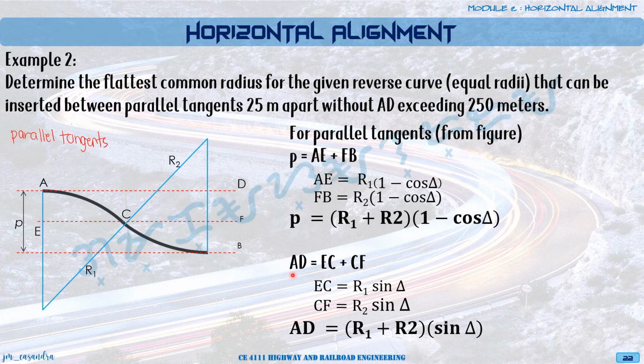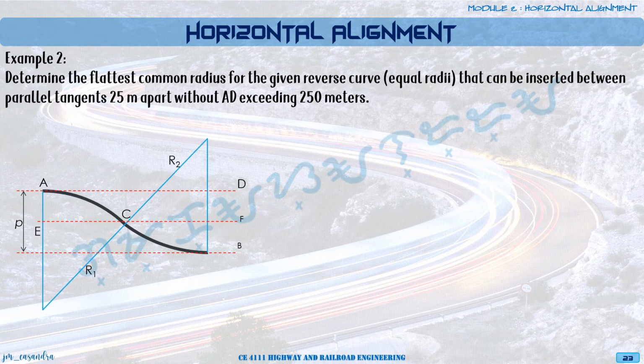Okay, so using these equations, we can now solve example number 2. So, from the equations that we have just shown in the previous slide, for our solution, we have P, which is equal to 25 meters.